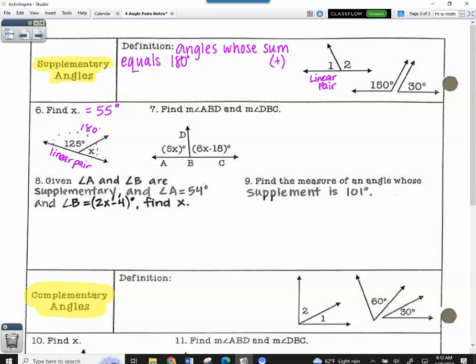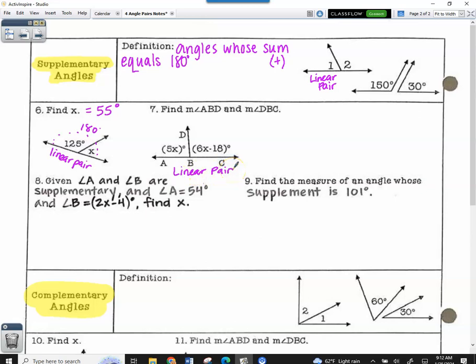Number 7, we talked about this. Don't let the complexity cause you to forget what the math is. The math is the same. What do the angles do in 7? They combine to equal 180. This is another picture of a linear pair.